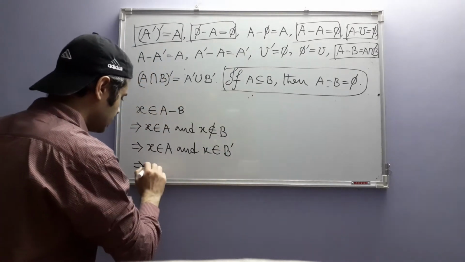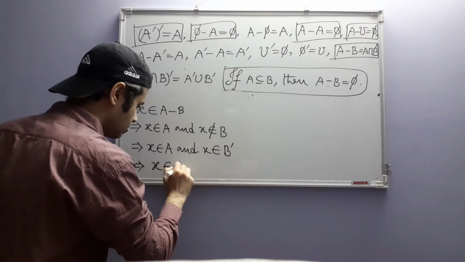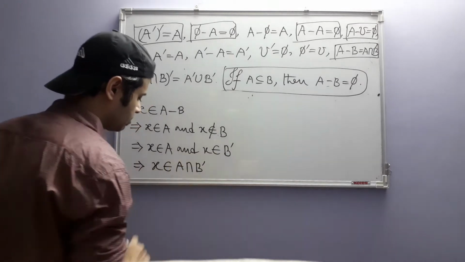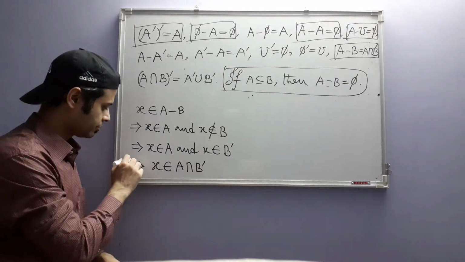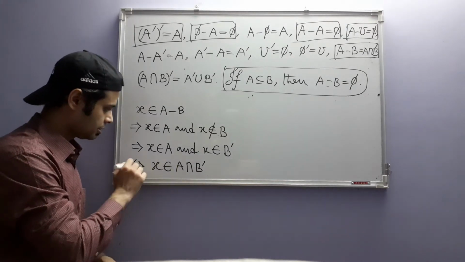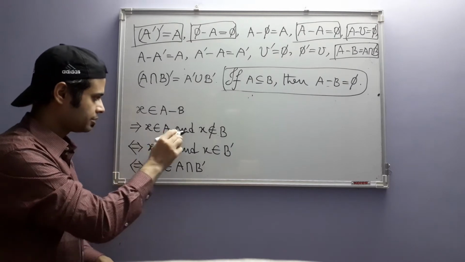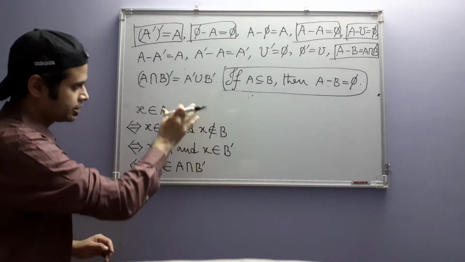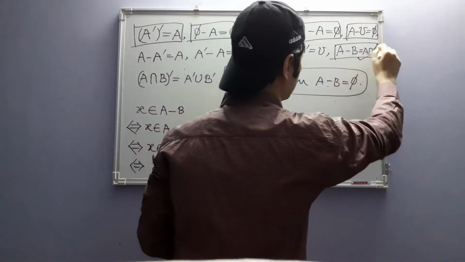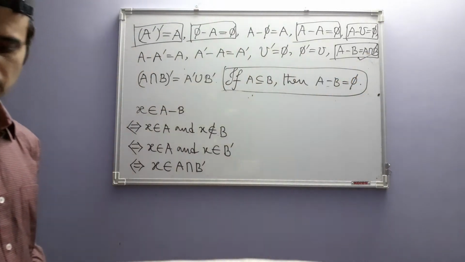Oh, this is rather easy. You can easily go in the other direction also. You assume this implies this implies this, and this implies this. So this is a subset of this, and this is a subset of this, thereby proving that we have this equality.